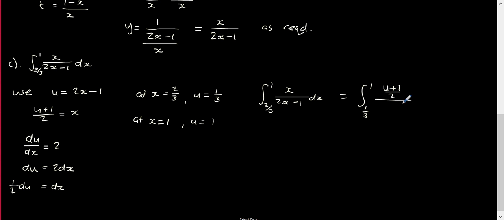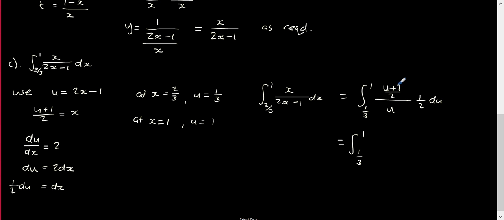That's our x, divided by 2x minus 1, that's our u. And then dx, which is 1/2 du. Which looks a lot more complicated, but shrinks down quite nicely.